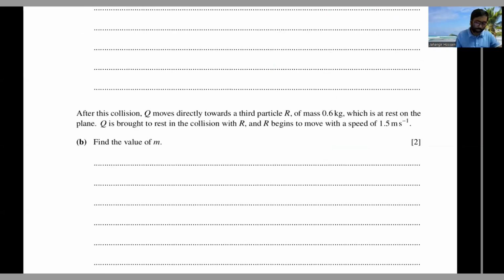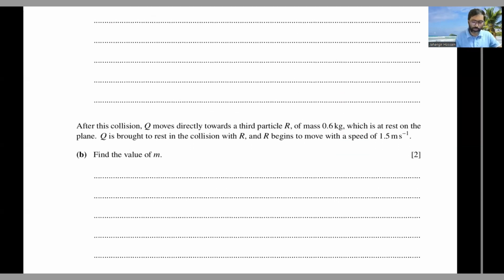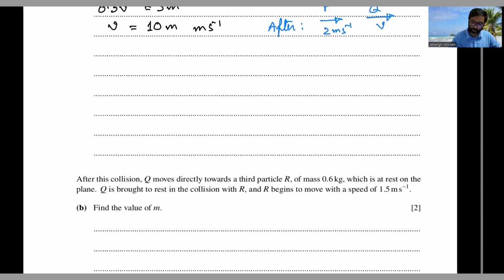Now, in the next part, after the collision, Q moves directly towards a third particle R of mass 0.6 kg, which is at rest on the plane. Here we have Q, and here is R, which is at rest.